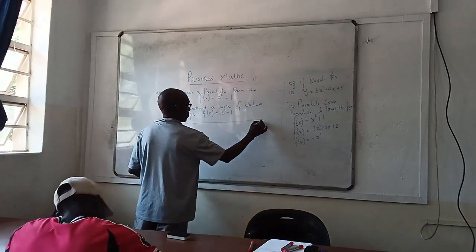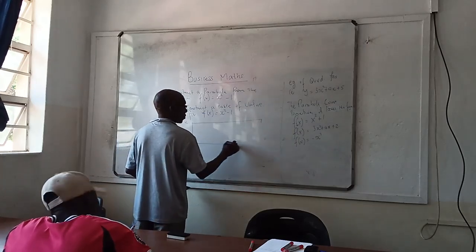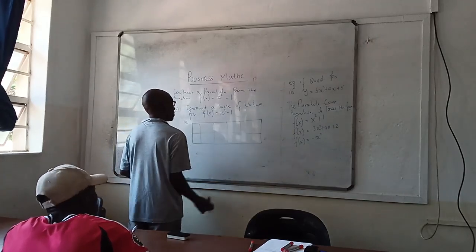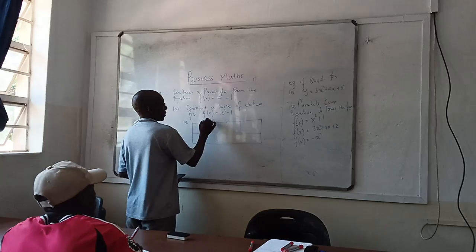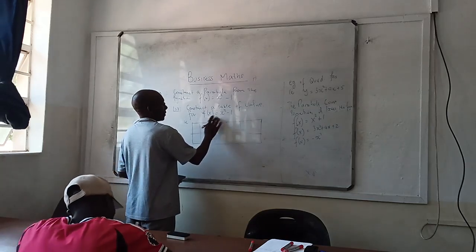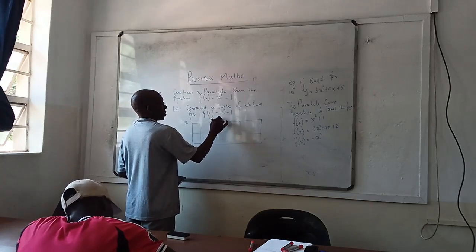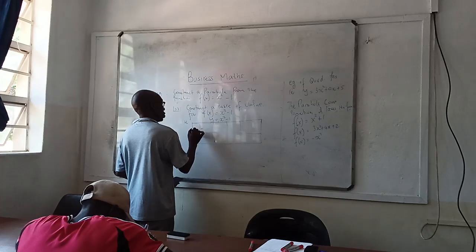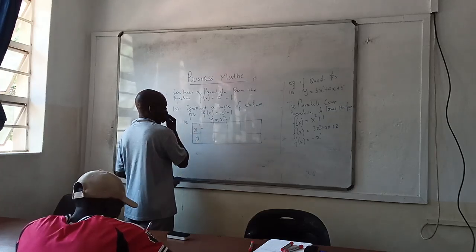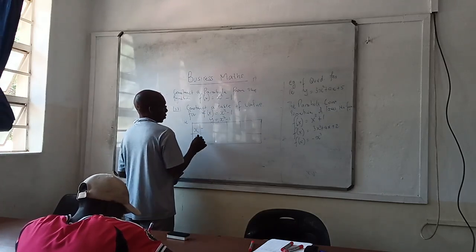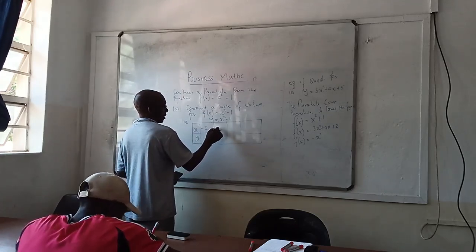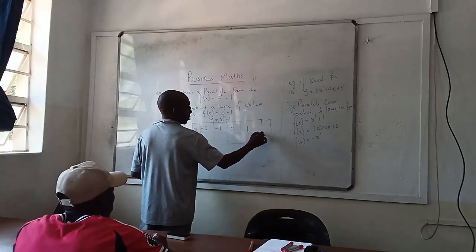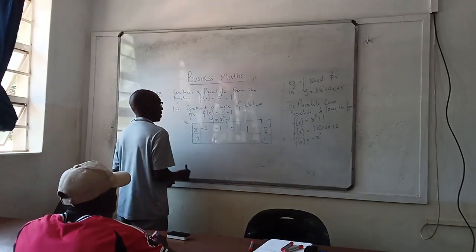That is, f of x, which is y, is equal to x squared minus 1. We have x and y. The values of x are minus 2, minus 1, 0, 1, 2. These are independent variables.